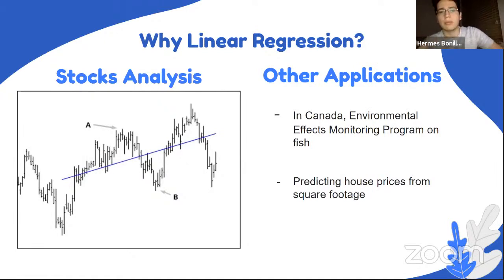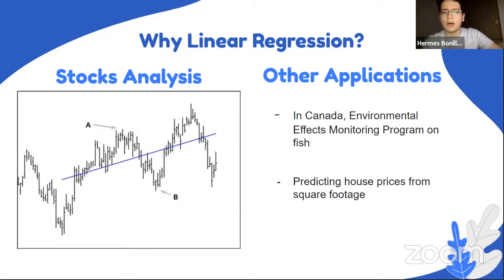And for my Canadian people, you guys over in Canada have an effects monitoring program, and they use linear regression for fish and wildlife. They use it on trout, and you can use linear regression on wildlife to estimate the weight or future growth based on the time of the year. So you can find a lot of relationships with it.